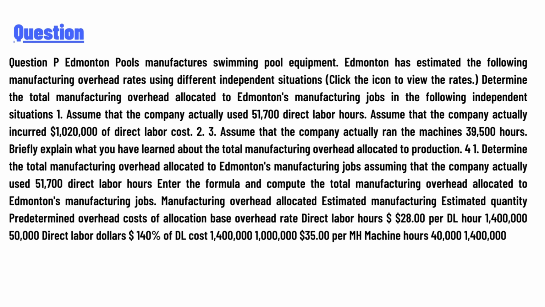The rates table: direct labor hours, $28 per DLH, 14 lakh, 50,000 direct labor hours; direct labor dollars, 140% of DL cost, 14 lakh, 10 lakh; machine hours, $35 per MH, 14 lakh, 40,000 machine hours.